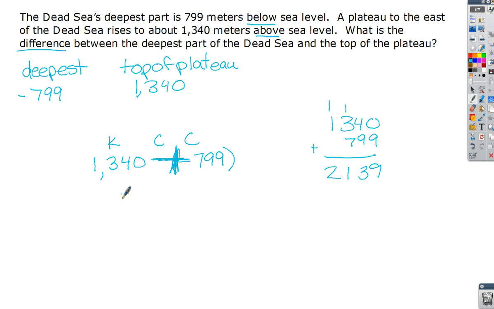So our answer is going to be 2,139 meters. And that's the difference between our deepest point of the Dead Sea and the top of our plateau.